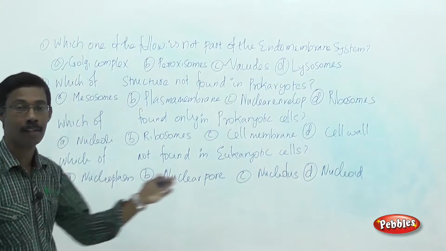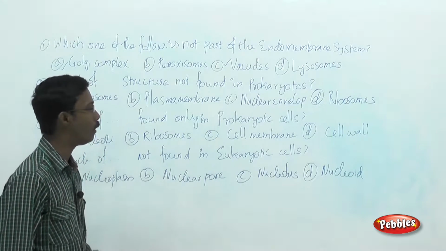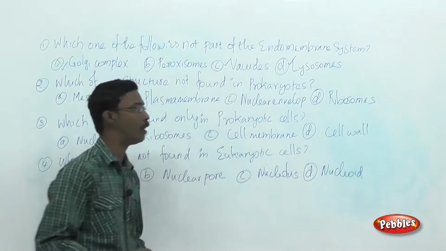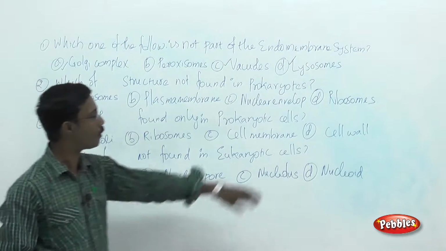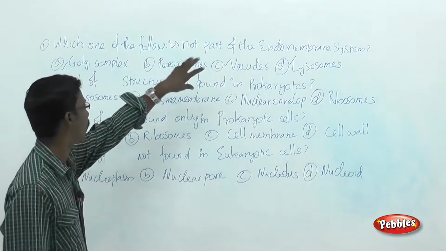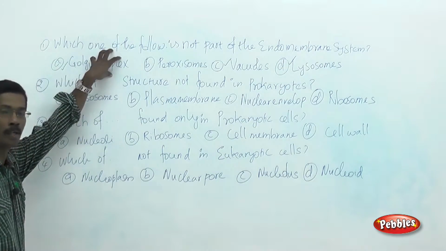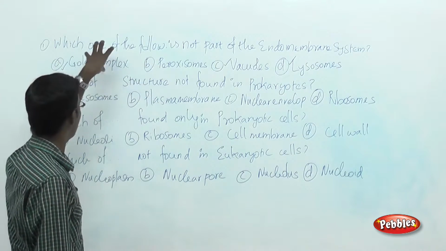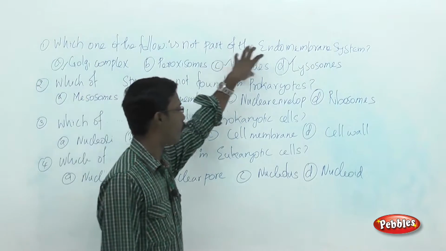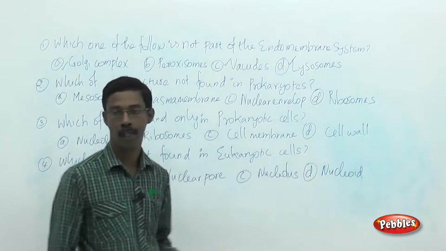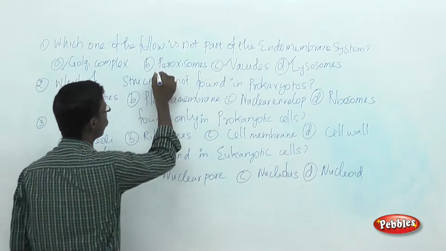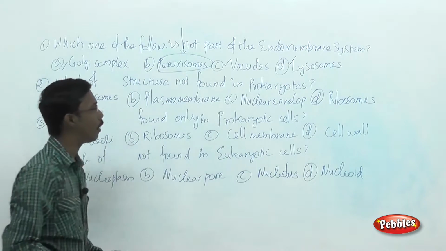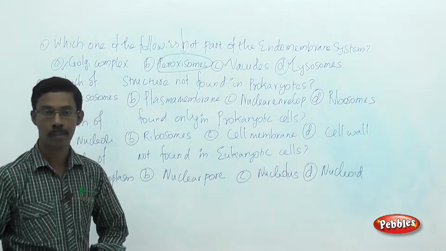It is going to discard the waste from the lysosomes. Lysosomes digest the foreign materials and foreign particles, and are also part of the endomembrane system because they are formed from the Golgi apparatus. So the three organelles, the Golgi apparatus, the vacuoles and the lysosomes are part of the endomembrane system, and the peroxisomes, okay, this is the odd one and this is not part of the endomembrane system.